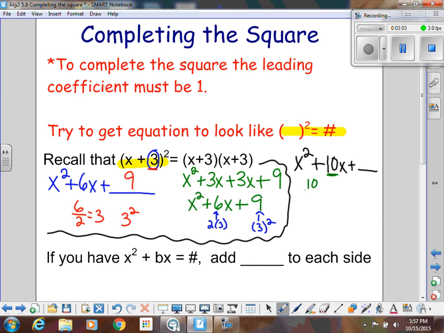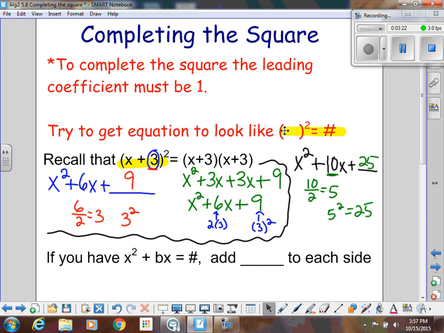So I have to do 10 divided by 2, that would be 5. So I know 5 would have been in that parenthesis. And then to get to that last number, I would do 5 squared, and that would be 25. So in order to make that a perfect square trinomial, that would be 25.